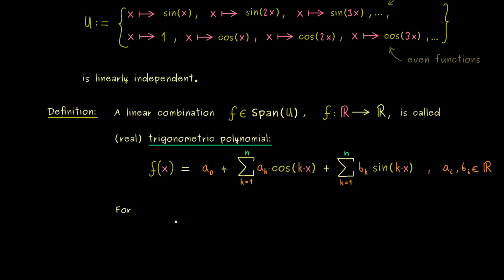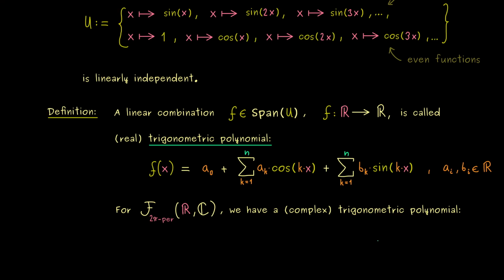But before we do that, I also want to show you that we have a complex trigonometric polynomial as well. This means that now we have to consider the complex vector space of the 2π periodic functions. And then obviously not a lot changes, we can just say that we have a complex trigonometric polynomial as well.